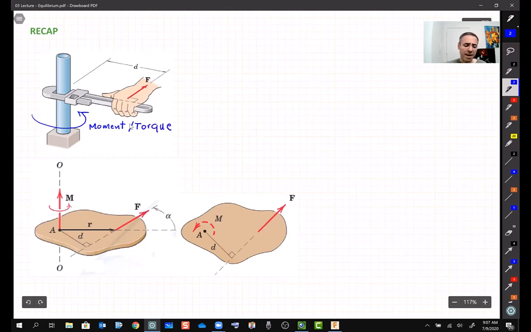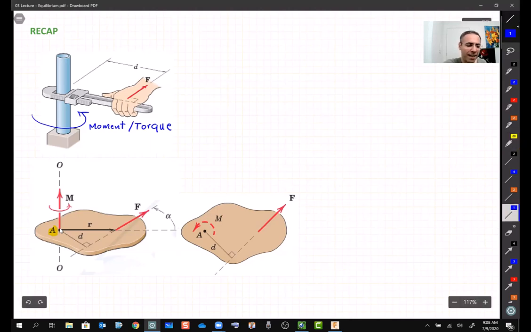And mathematically, if you look at the pictures, like on the left side, at the bottom, this one, which shows the 3D, basically as a general picture, we have the force F, and we are interested to find out the moment about point A. Remember, when we talk about moment, always it is about an axis, right?